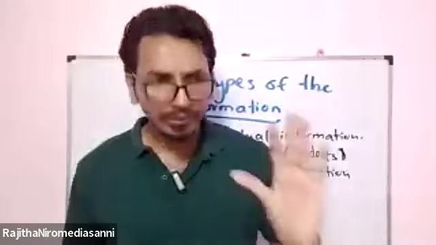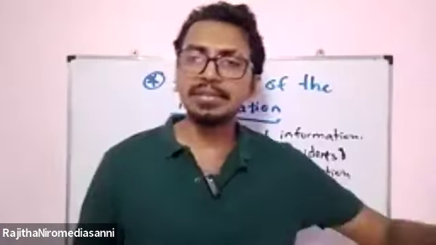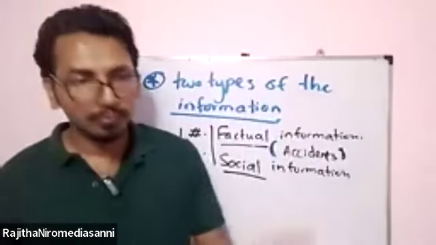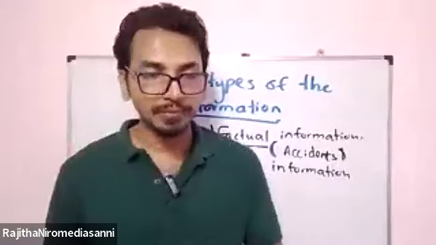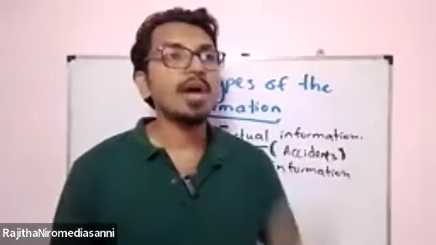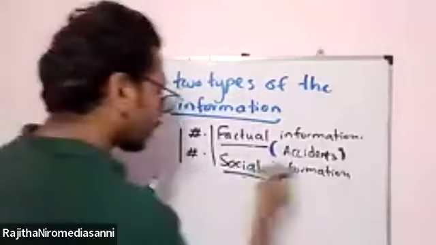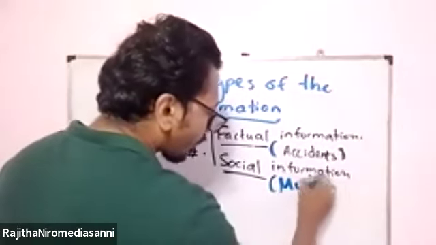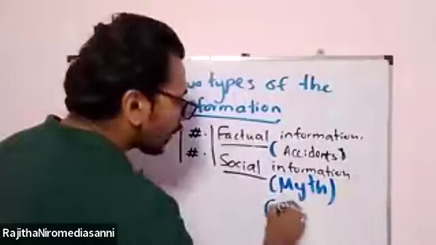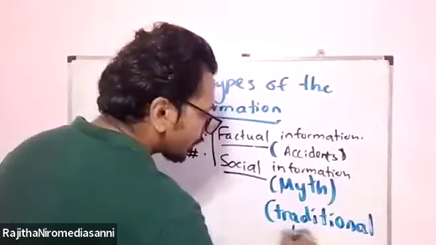Most of the things are society things, passed from generation to generation. People know these things are not actually true, but we have to accept them as myths. So the next example is myth or traditional beliefs.